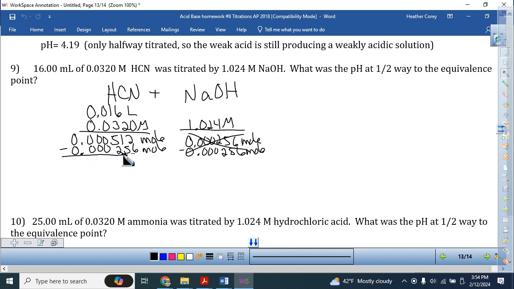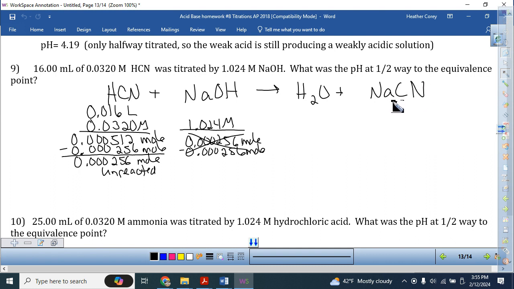Here I'm going to have 0.000256 moles unreacted. This looks long, but they won't all be this long. All right, so in this reaction, we get water plus sodium cyanide formed, and sodium cyanide is the conjugate base of HCN.